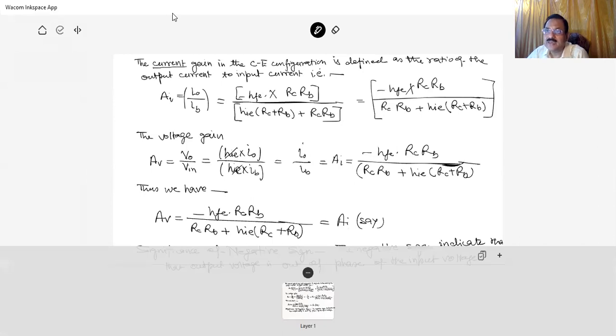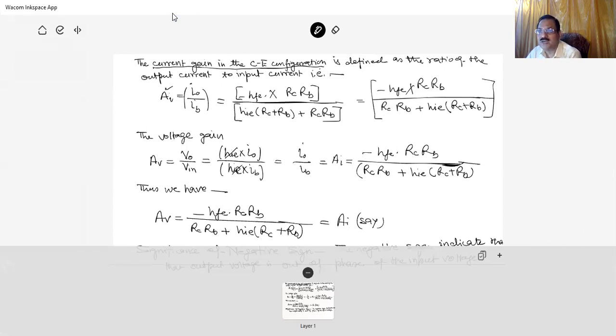The current gain in common emitter configuration can be represented as AI. This AI is the output current I0 upon the input current IB. The output current is given in this format, and IB is already there.